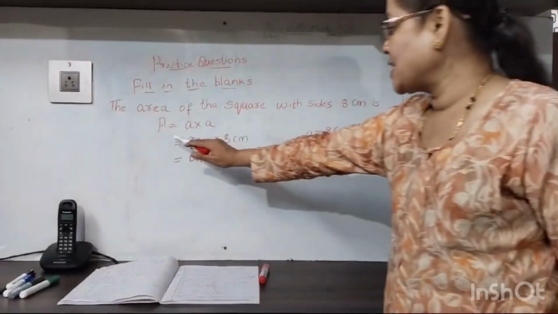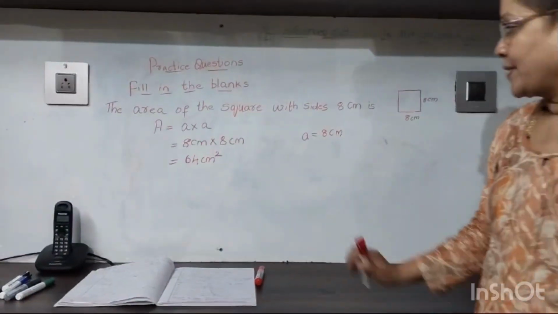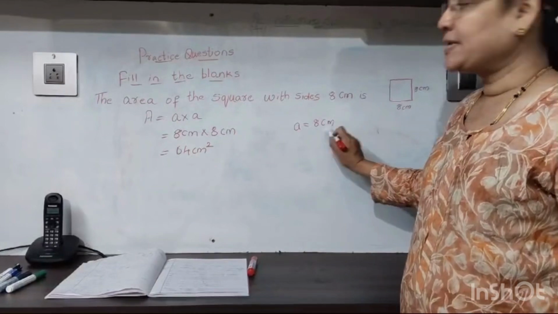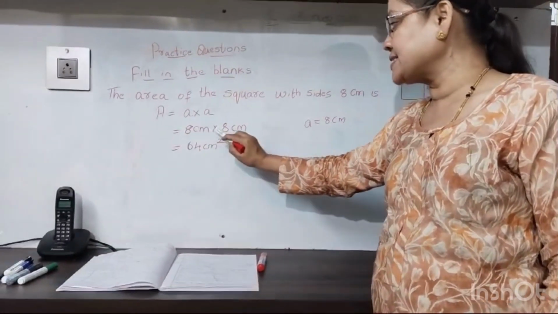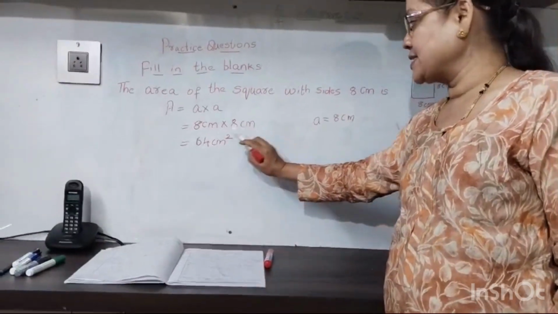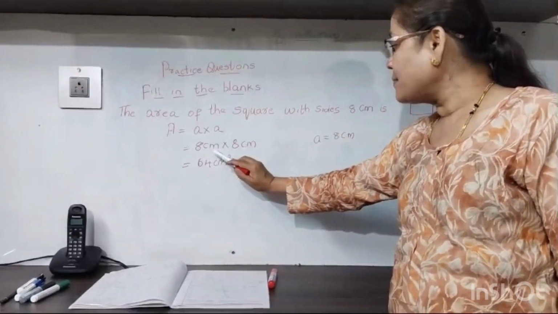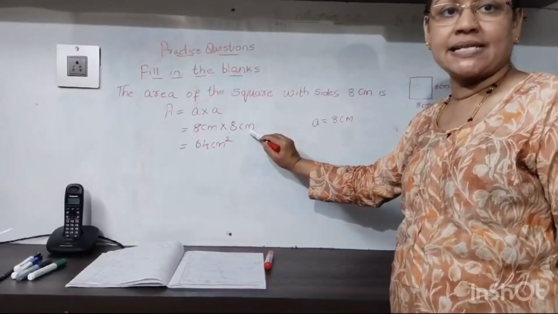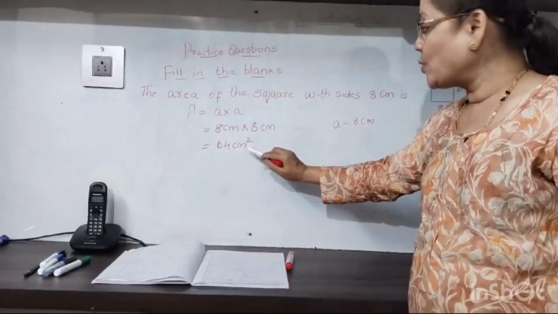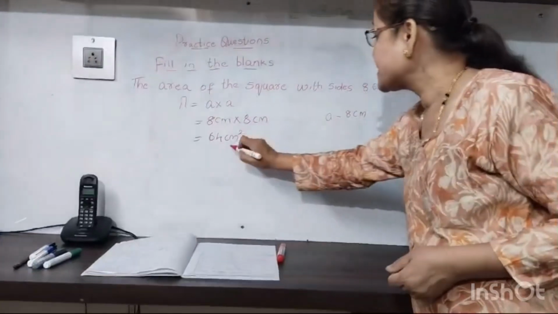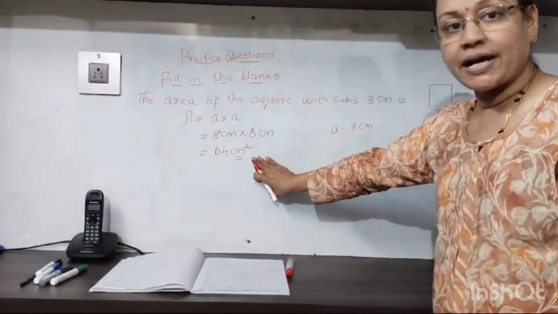Area is equal to A into A. Substituting here, 8 centimeters into 8 centimeters, which is equal to 8 eights are 64 centimeter into centimeter, which is nothing but centimeter square. Please keep it in mind that you have to write the unit. This is very, very important. You shouldn't forget. Understood, guys?